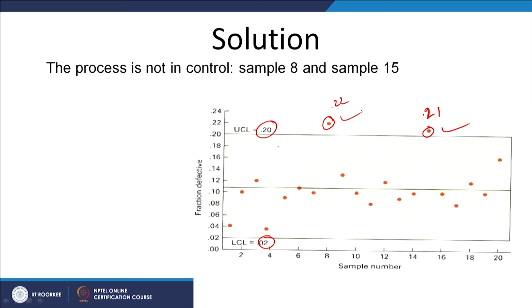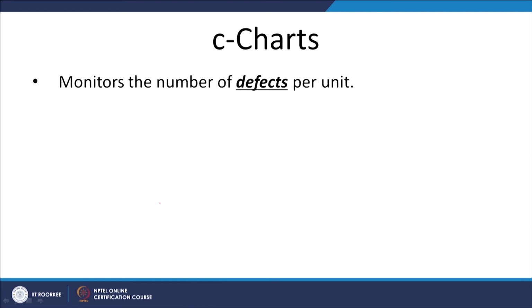So, we need to discard these for calculating the revised p bar giving the center line value and the lower control limit and upper control limit values. So, those are calculated again.